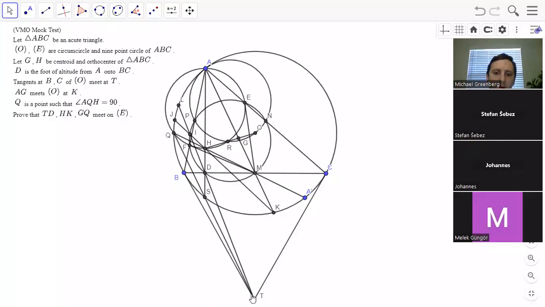So MEF is similar to TCB. Obviously, O, M and T are collinear. But Melek, you were saying something about homothety.